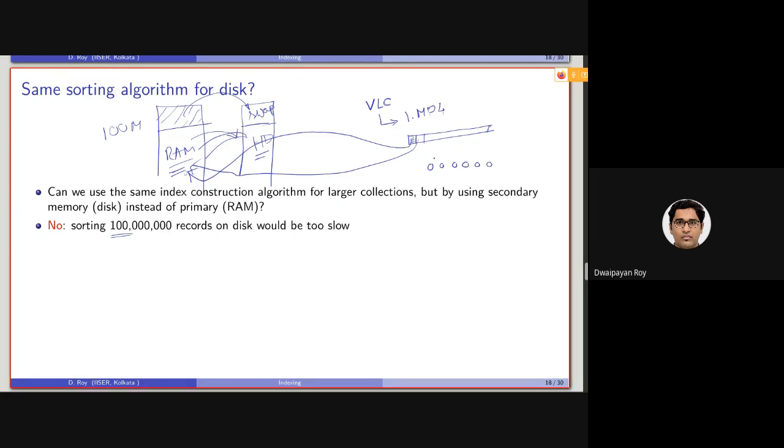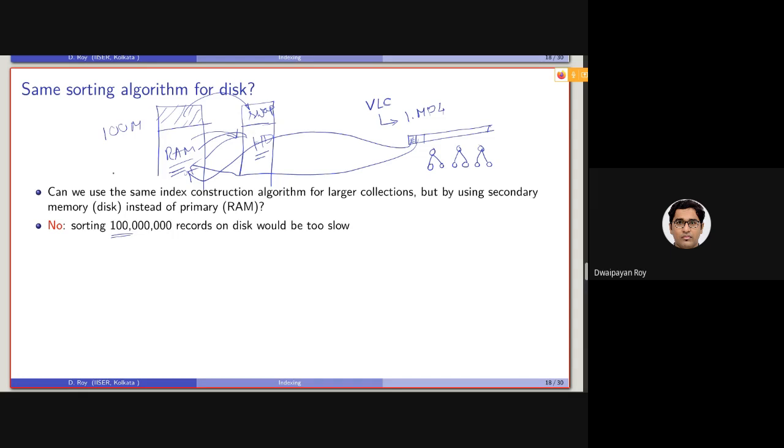So we will be bringing 2 at a time into the memory and sorting them, and we can sort them and merge them together. Then from 6, we end up with 3.